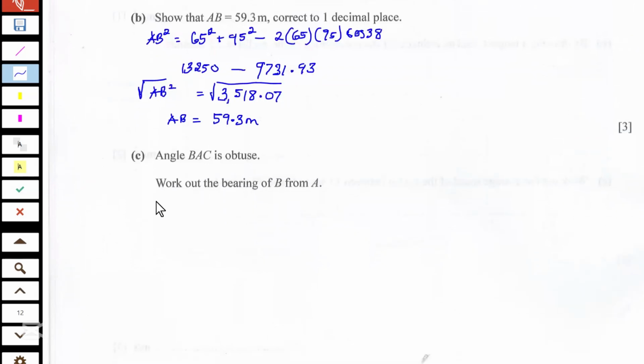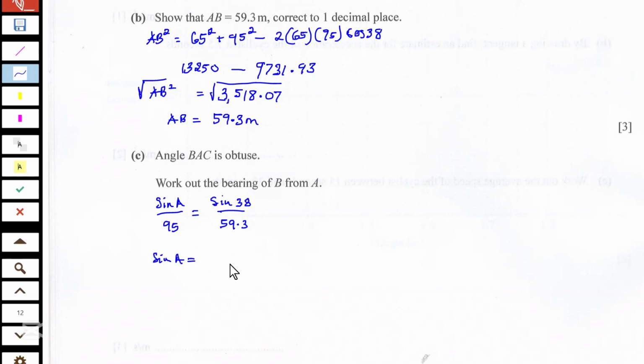So let's have sine A over 95 equal to sine 38 over 59.3.